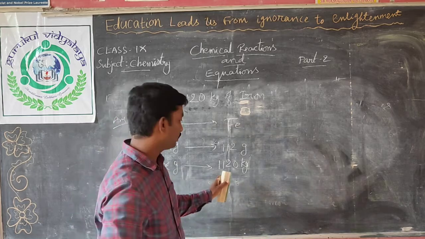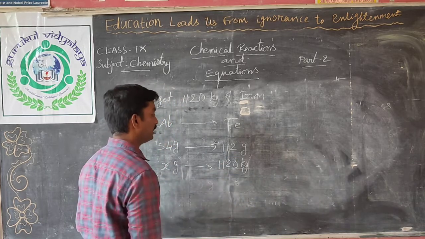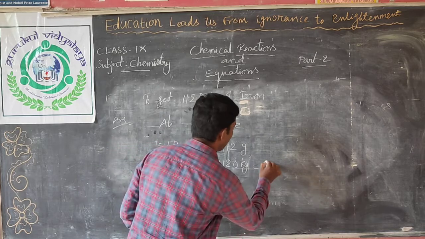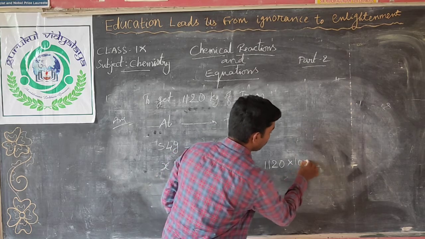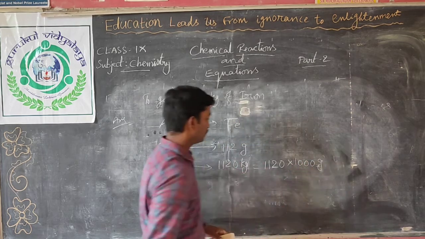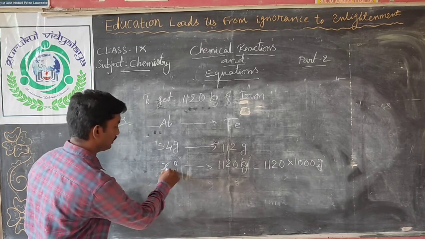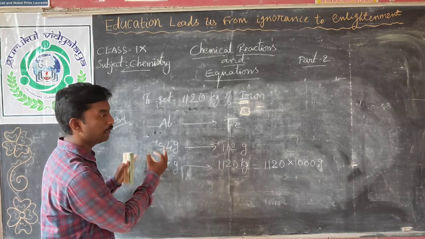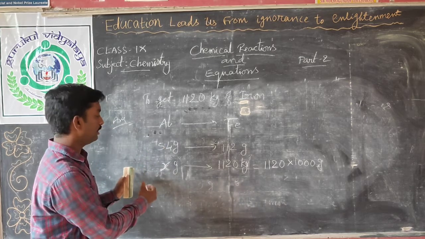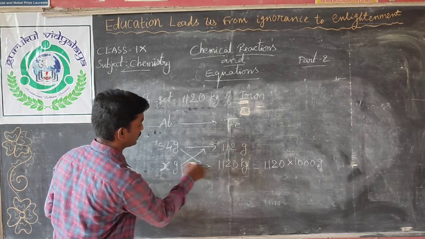We can convert 1120 kg into grams. So we write 1120 into 1000 grams, because 1 kg is equal to 1000 grams. To calculate the x value, that means how much aluminum we want to take, we have to do the cross multiplication.